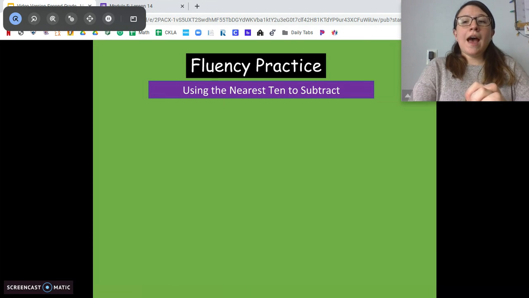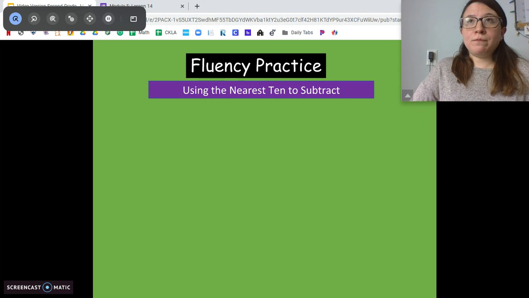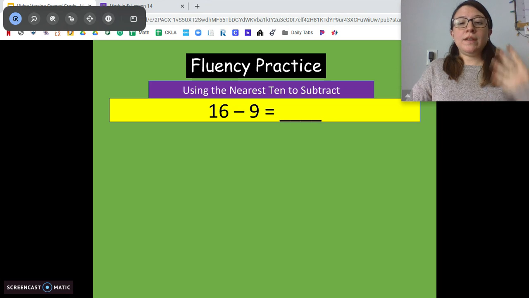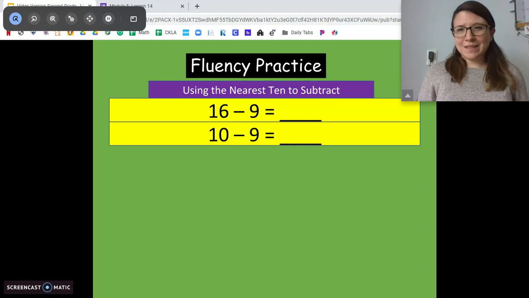For this, I'm just going to have you say it out loud with me. So we're going to move numbers to the nearest 10 to subtract. What I mean by that is you see 16 minus 9. Now, an easy way to think about this is to start by just taking 10 minus 9. We know what 10 minus 9 is, right? Easy peasy. That's just 1.